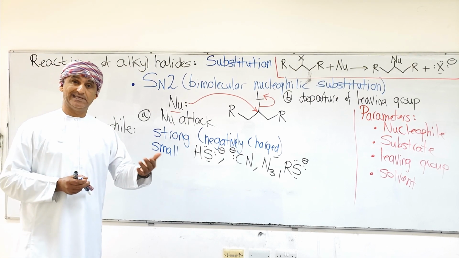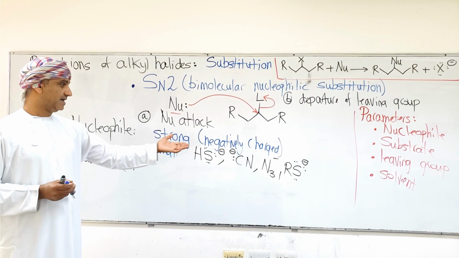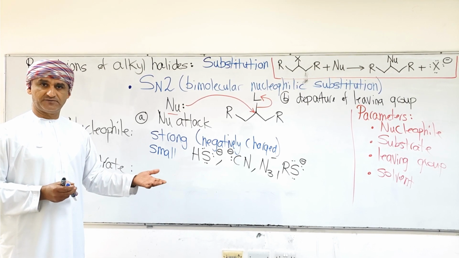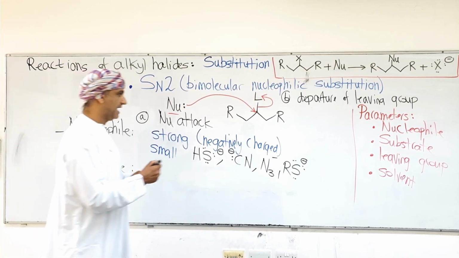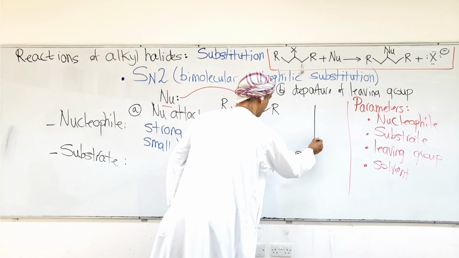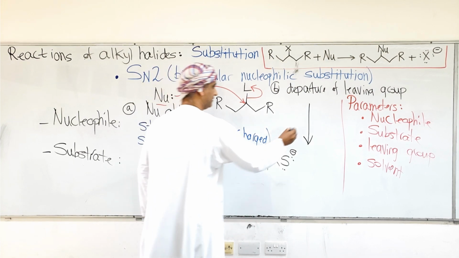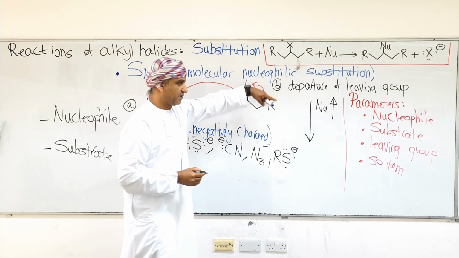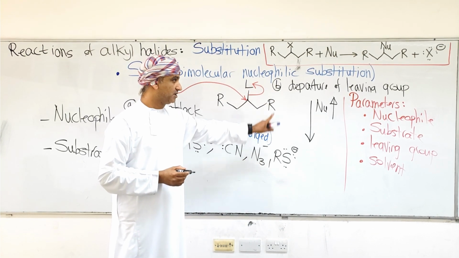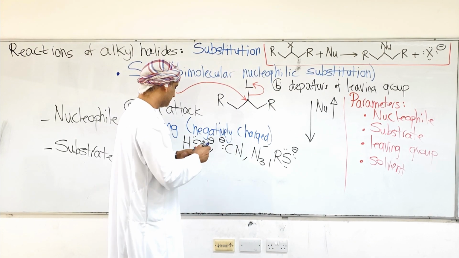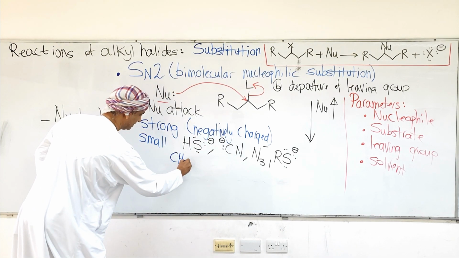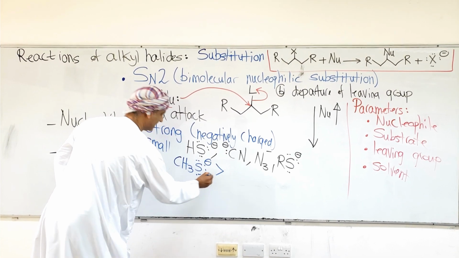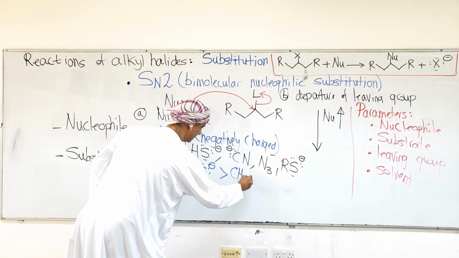If we go down a group in the periodic table, nucleophilicity is increased. So that's why CH3S-, for example, methyl thiolate, is a better nucleophile than methoxide. If we go down a group in the periodic table, then the nucleophilicity increases. So that's why methyl thiolate, CH3S-, is a better nucleophile than the methoxide ion.